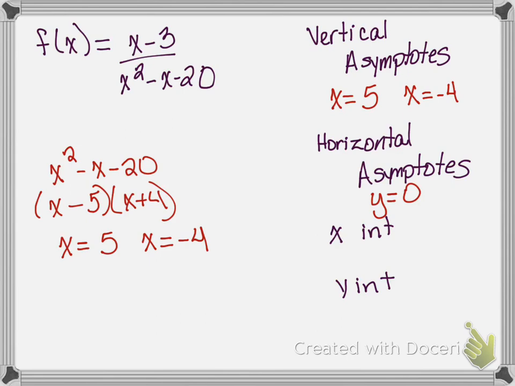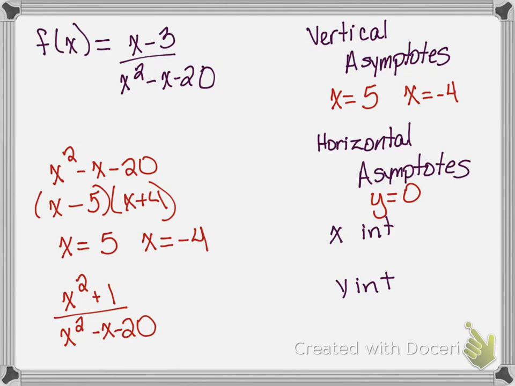Now, my horizontal asymptote would be the relationship between the coefficients if I had something like x squared over x squared. Do you see how my degrees are the same?